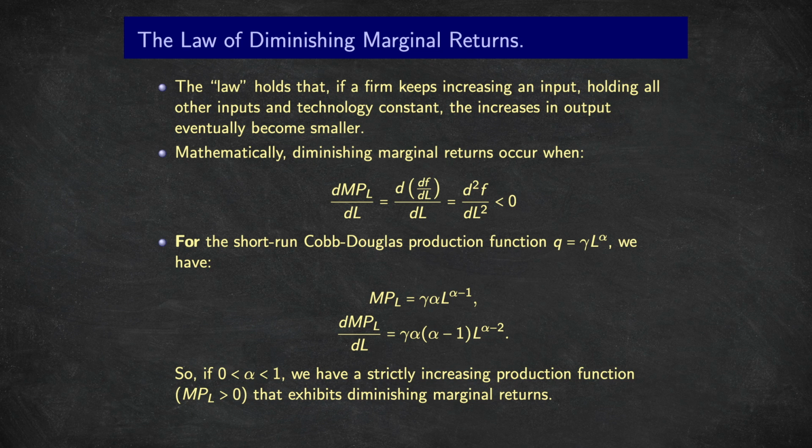The short-run production function, the Cobb-Douglas function that we've just studied on paper, the way we derived it with alpha less than 1, we drew an increasing and concave short-run production function. This type of production function exhibits an economic property that's called the law of diminishing marginal returns.